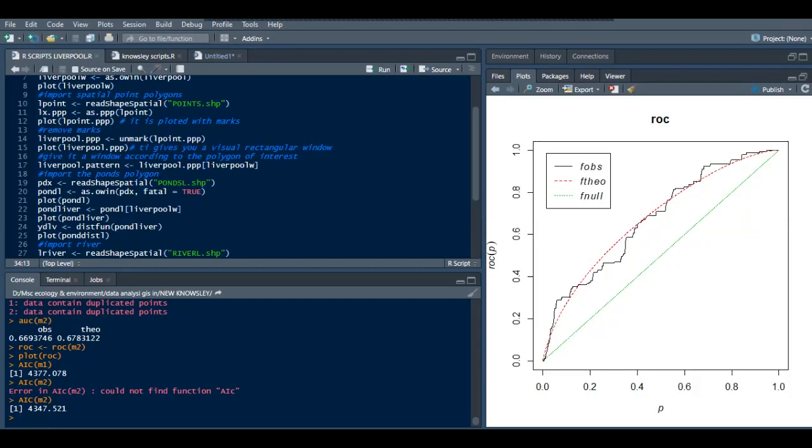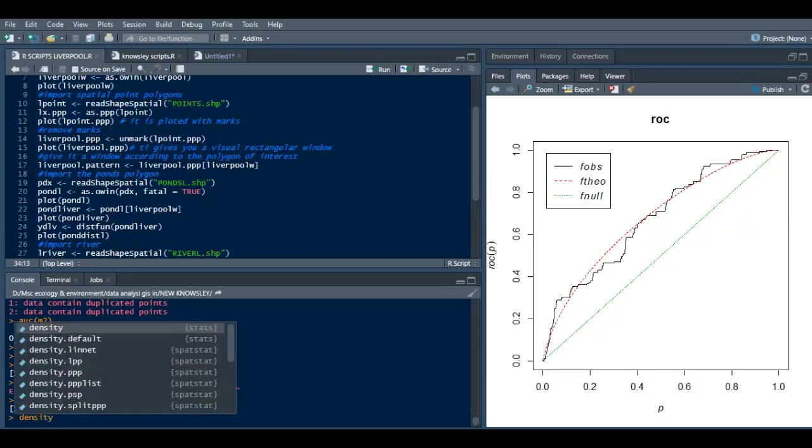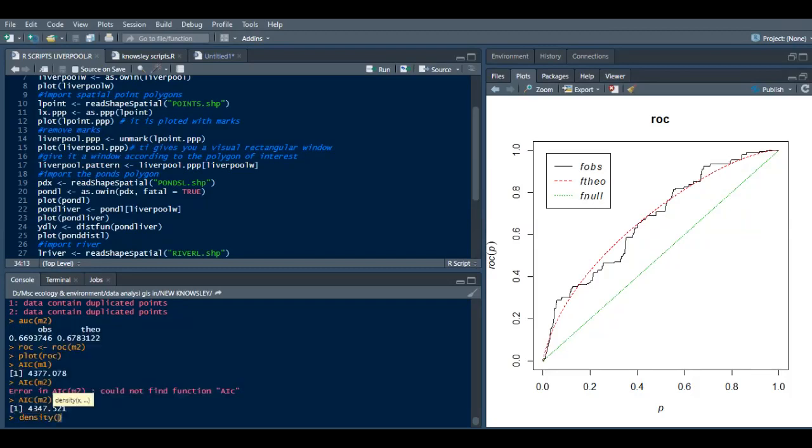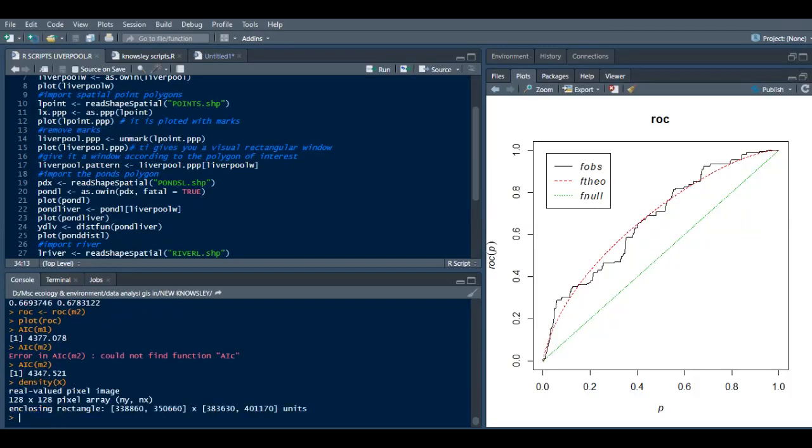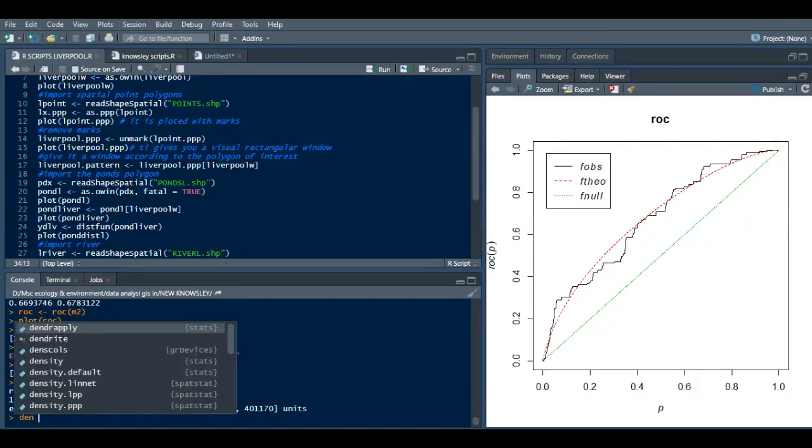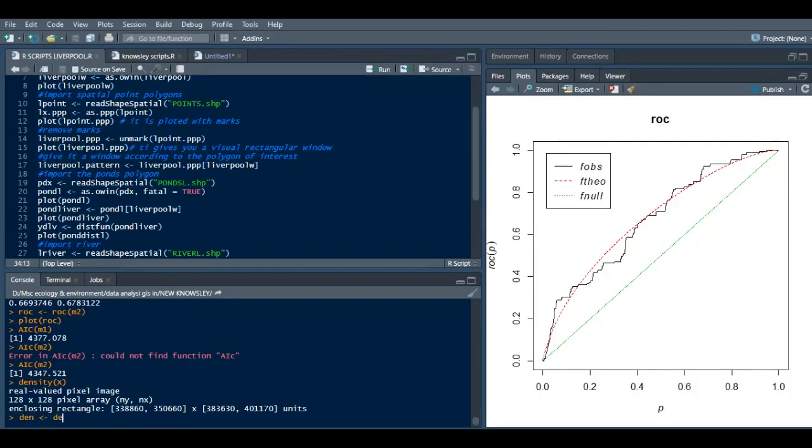Yeah, that's it. And then there are other ways we can also plot the density of our point pattern.